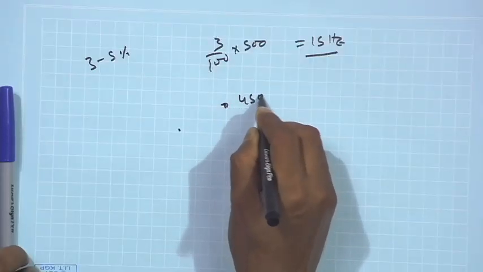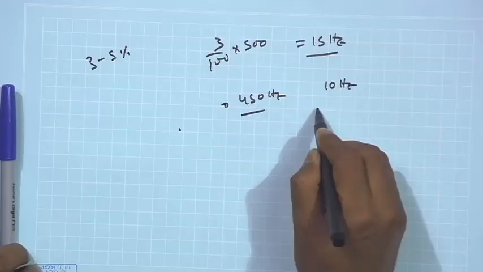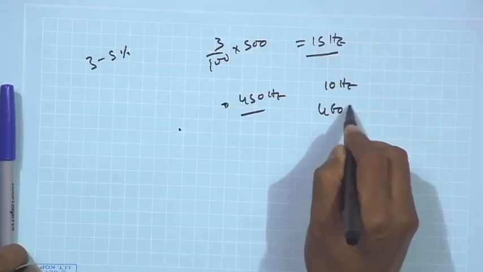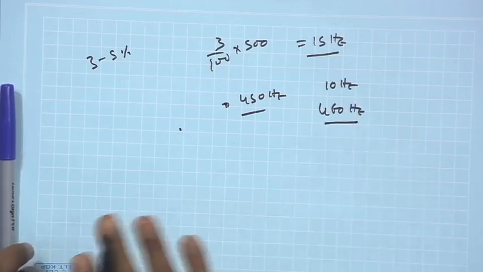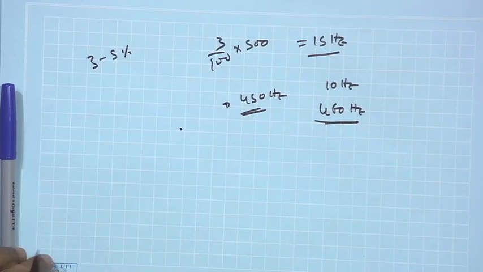Suppose I extract a formant frequency of a particular vowel, let us say 450 hertz. If it differs by 10 hertz, if it is 460 hertz, then also human beings cannot distinguish the difference, because we do not have resolving power at this formant position.